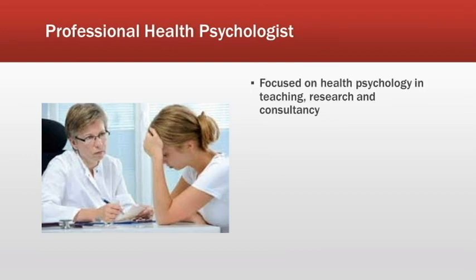A professional or chartered health psychologist could work as an academic, being a professor or instructor, or they could work within health promotion settings in a health district, or they could work in schools or industry, or work within a hospital setting where they're part of the education process.